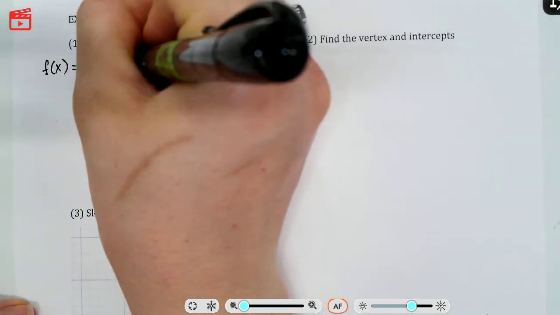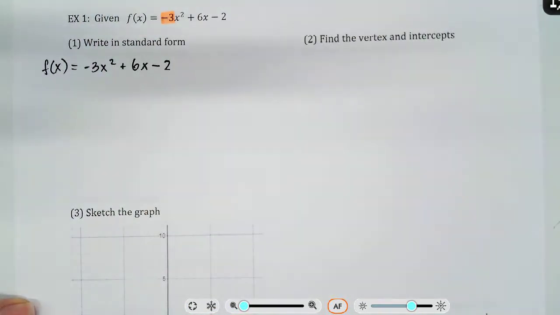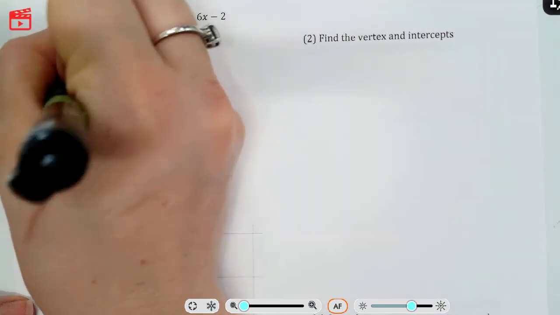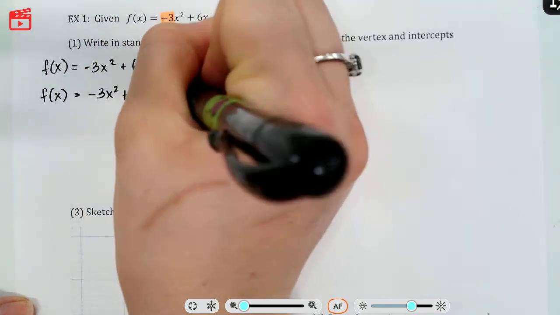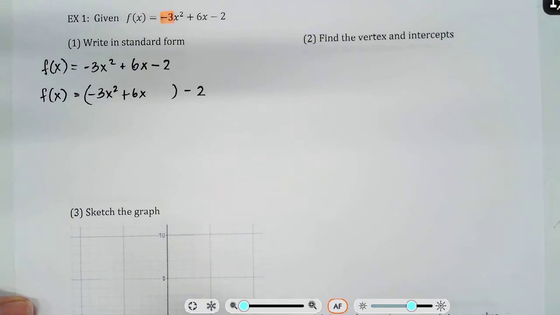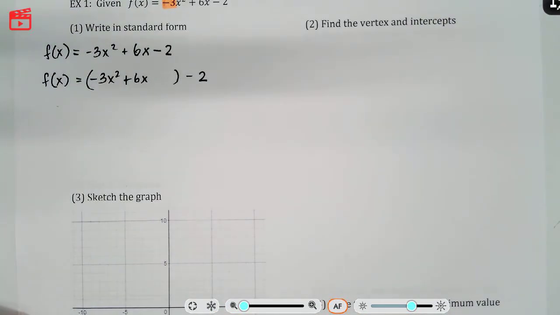So once again, as I mentioned, our concern is kind of that negative 3 in front of the x squared. So what I want to do, I'm going to group my x's, as usual. But then I want to get my x squared by itself. So I'm going to factor out that negative 3.